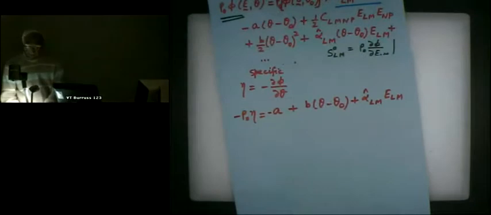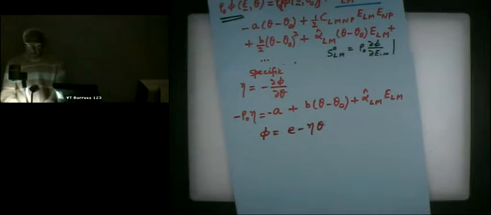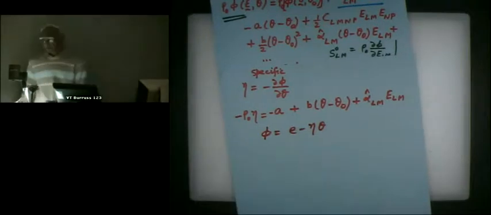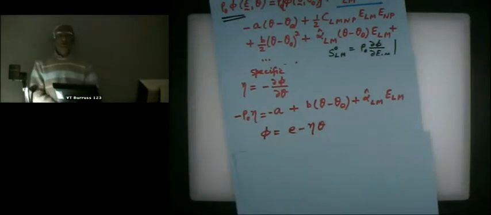Okay, now let's simplify the expression we had. We had phi equal to E minus eta theta. But I'm headed towards the following. We know the balance of internal energy, and I'm going to get an equation for the temperature.